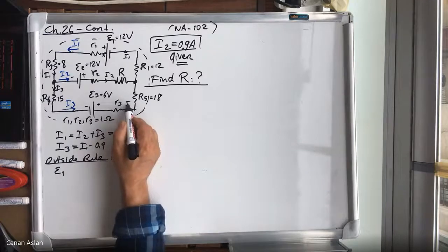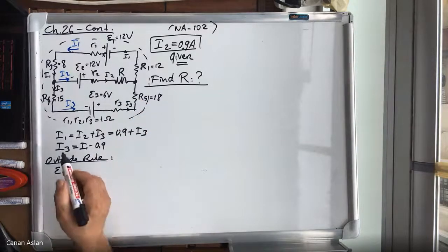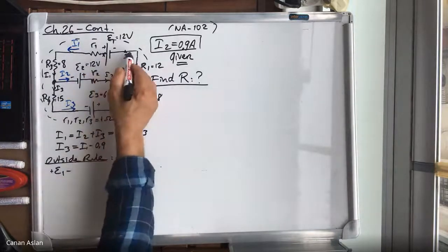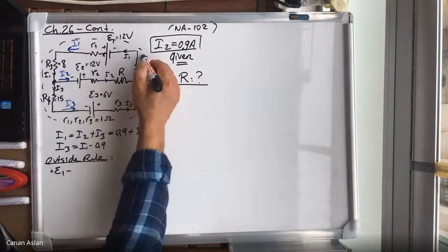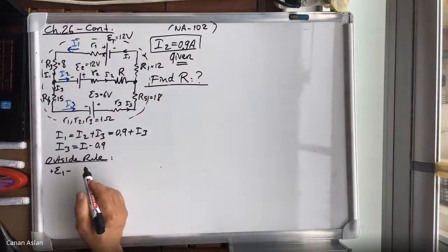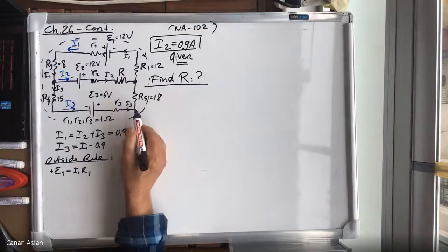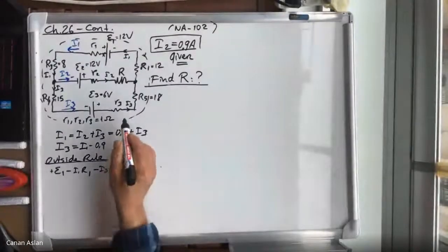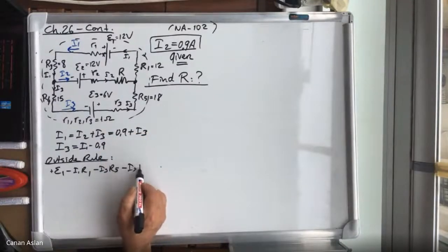So I3 is going this way. So plus epsilon, because we enter from the positive side, minus, why? Because the current is going in the reverse direction to our rotation, okay? I1 is this way, but we are rotating in the opposite direction. So minus I1 R1, and then outside this one, minus I3 R5, okay? Now we come here, it's minus again, I3 R3.